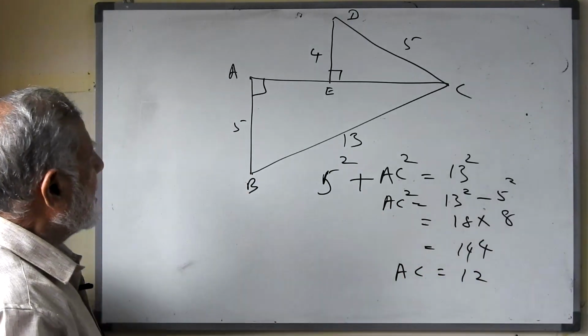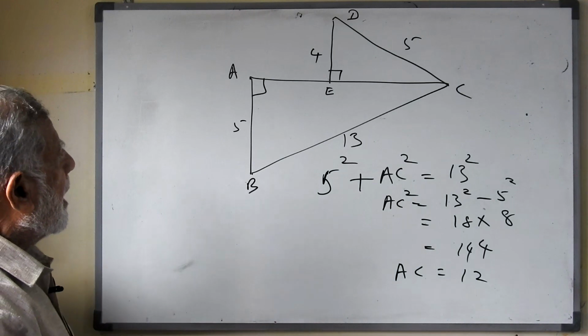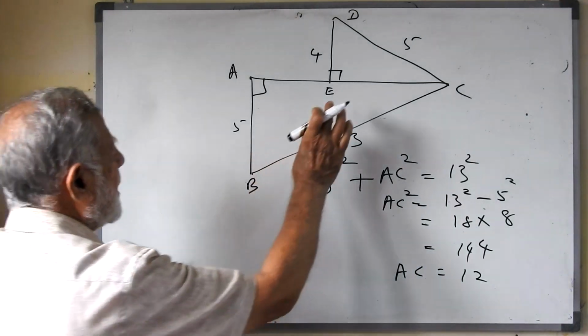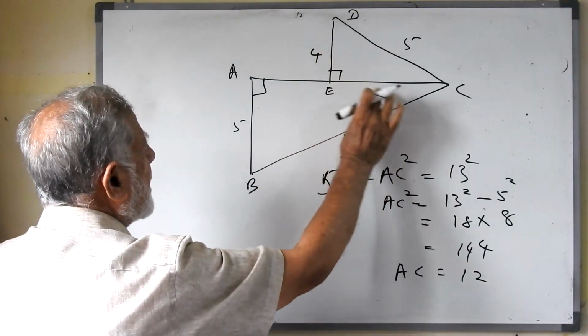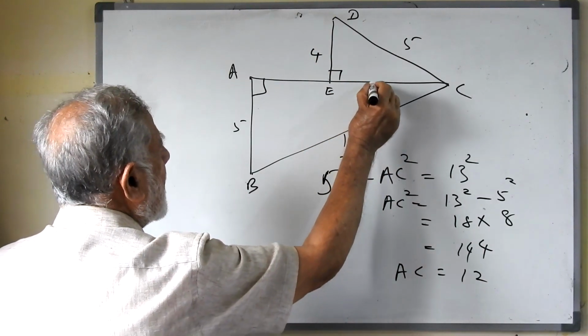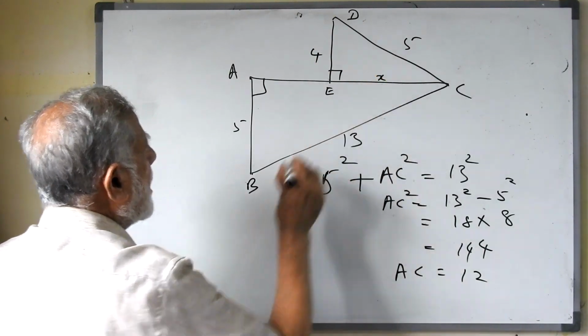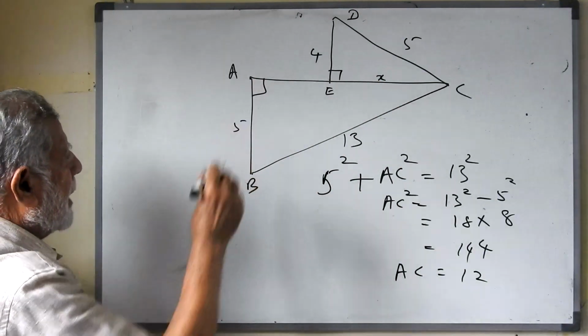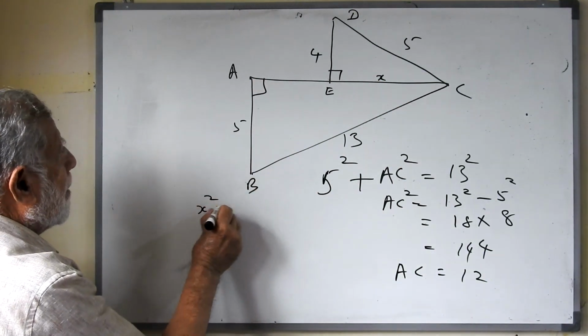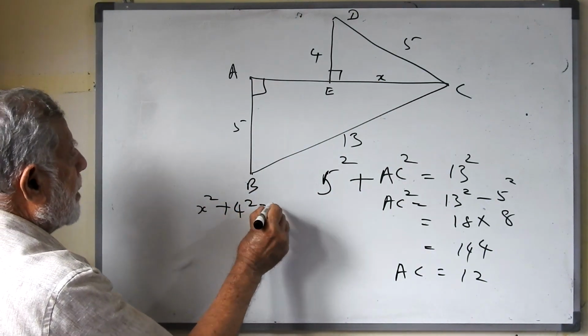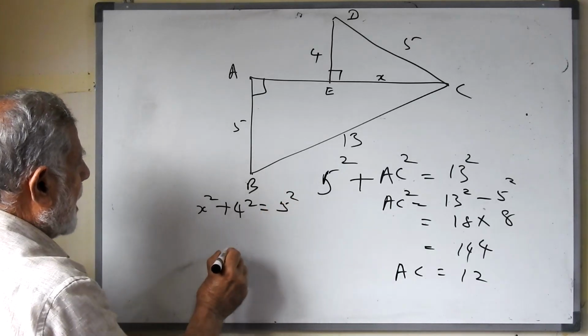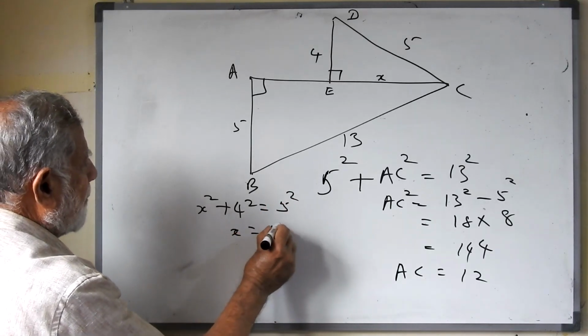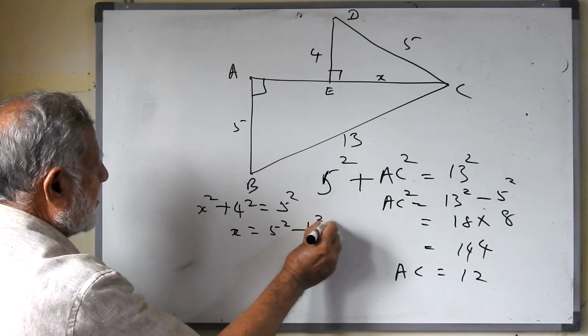So we have found the whole length of AC. Now if we can find out this length, from this triangle we can find out this length, we call this x. So using that triangle, x squared plus 4 squared is equal to 5 squared. So x squared is equal to 5 squared minus 4 squared.